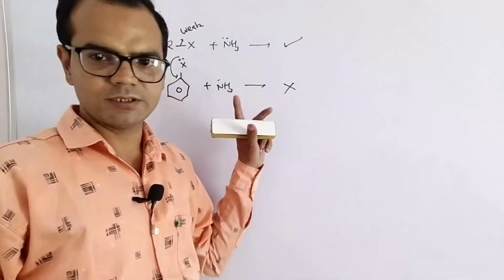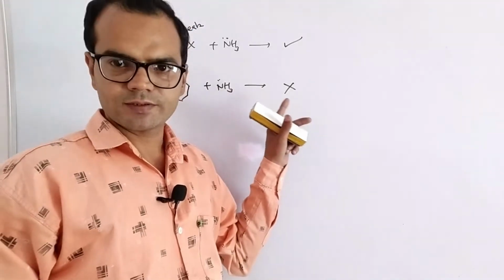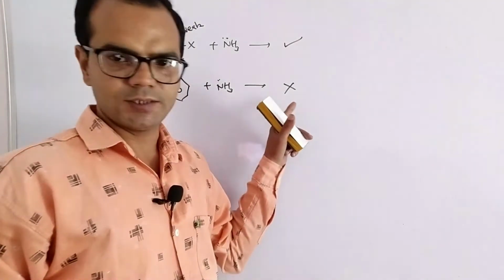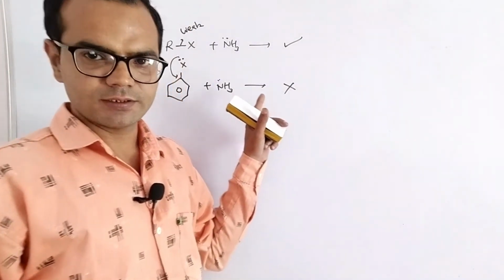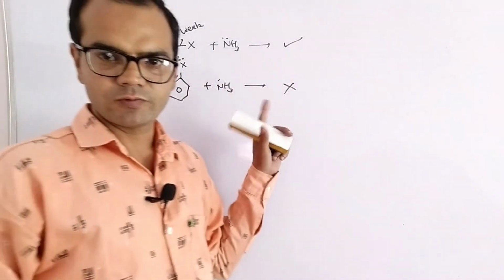So it has two limitations. One, a mixture of amines is formed which can't be separated easily. Second, aniline or other aromatic amines can't be prepared by this method. But we can stop this reaction in one step also.